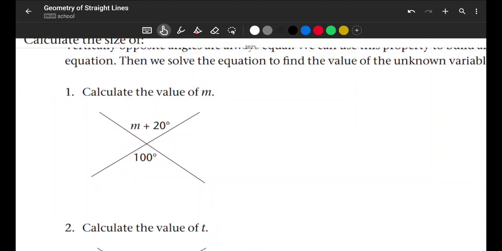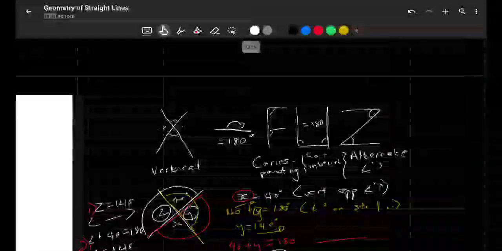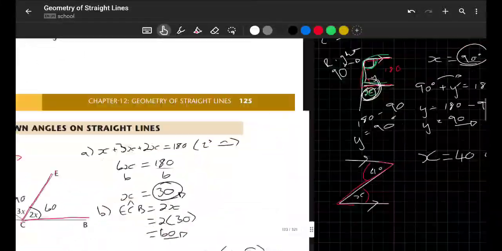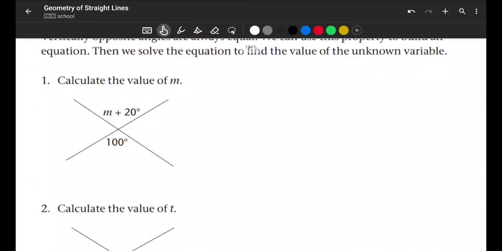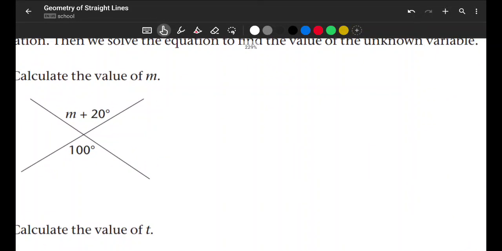Here, this is just a simple one of vertically opposite angles. We know based on this little figure here that vertically opposite angles are equal. So we're going to come here and do the same thing. This angle and that angle are equal, this angle and that angle are equal.